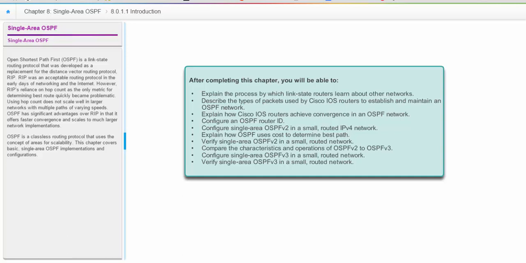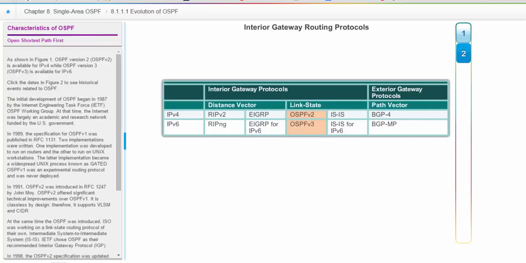It is a classless routing protocol that uses the concept of areas for scalability. So we're going to look at just the single area OSPF implementation and configuration this week. There are two versions currently of OSPF. OSPF version 2 is available with IPv4, and OSPF version 3 is available for IPv6.